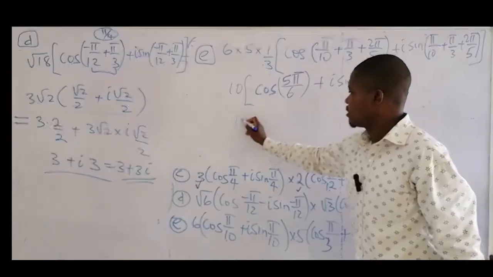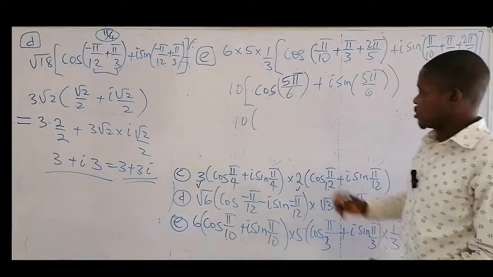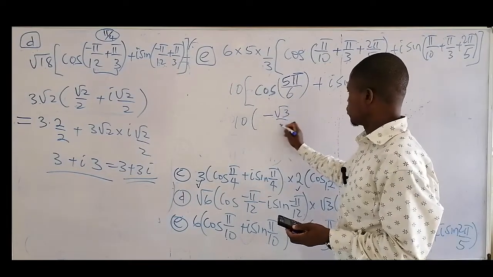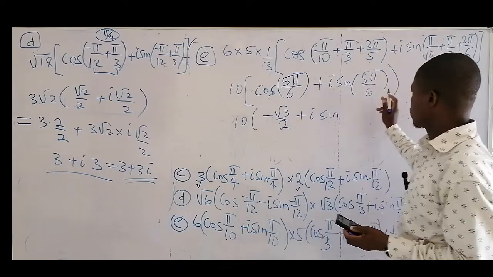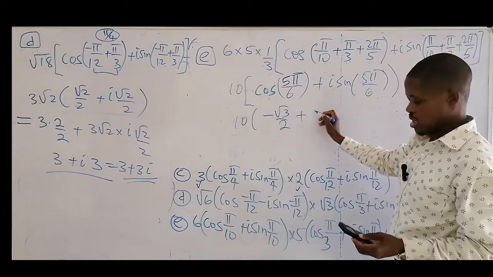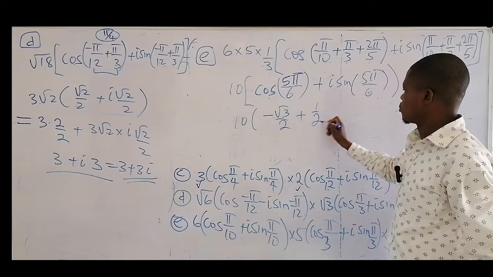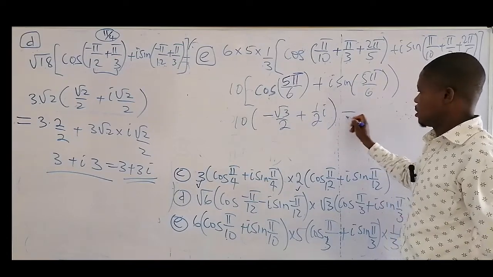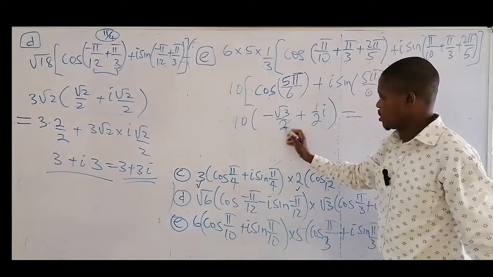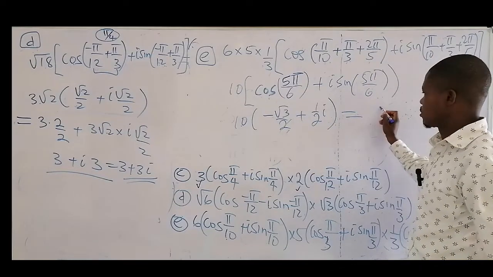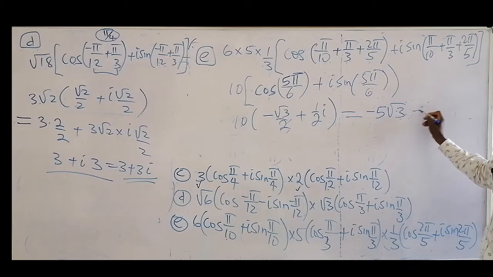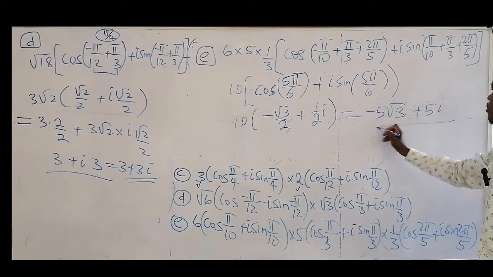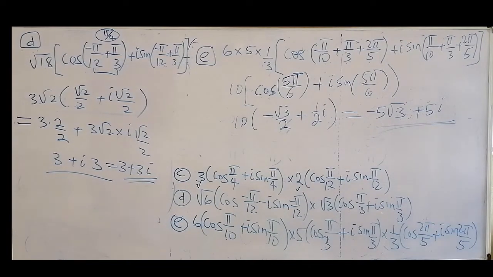This one will be 10 times minus root 3 over 2, then plus i sine, this one is 1 over 2 i. So we can allow the 10 to come in, 2 into 10, 2 into 5. So we have minus 5 root 3, and then plus 5i. So that's that on this question 1.